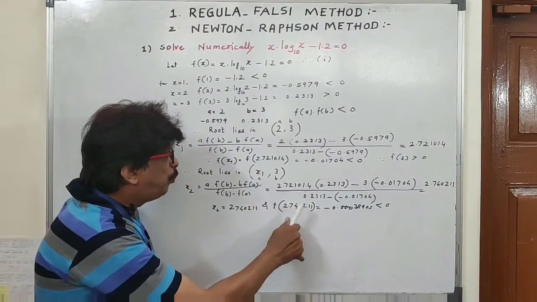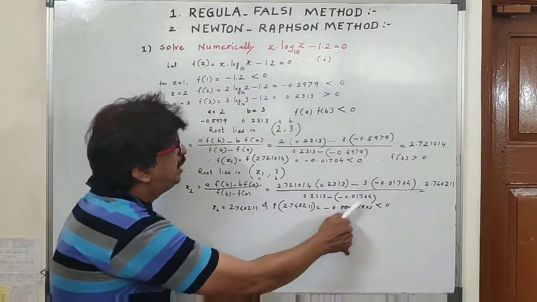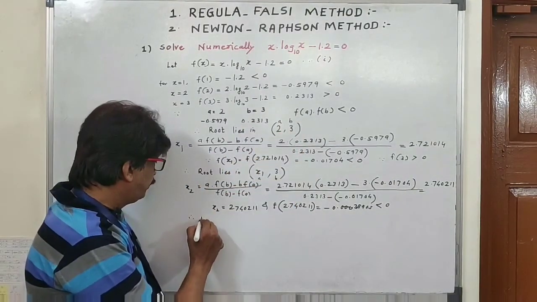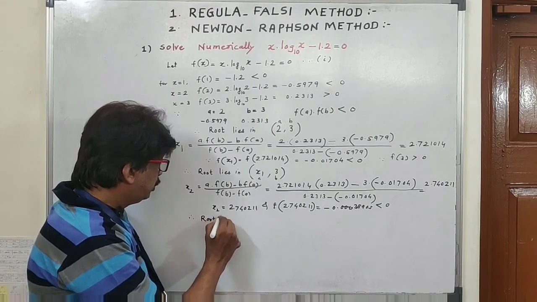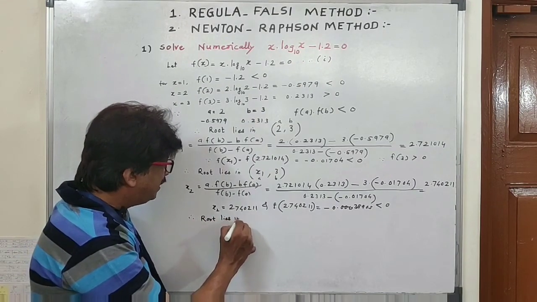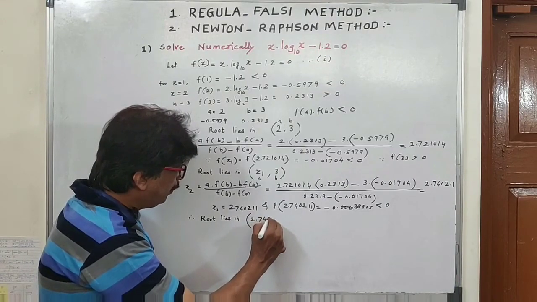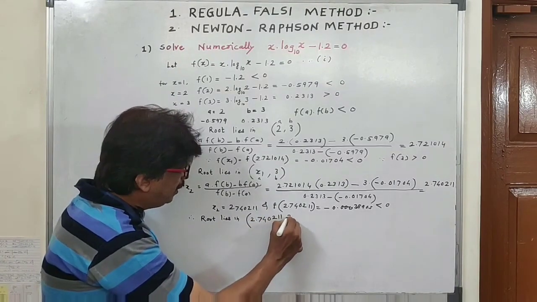The f value of this point x2 is negative, f of 3 is positive, therefore the root lies in the interval 2.740211 and 3.